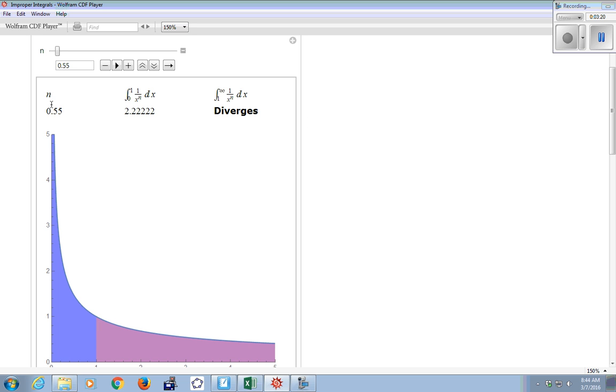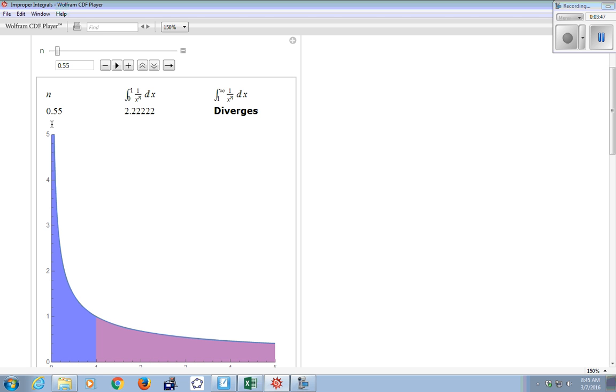So now we're using an n value of about 1/2. When you're looking at the integral of 1 over x to the 1/2, the integral from 0 to 1 right now is finite, right? The area from 0 to 1 is this purple shaded area, and it's 2.22. But then the integral from 1 to infinity of 1 over x to the 1/2 is infinite.